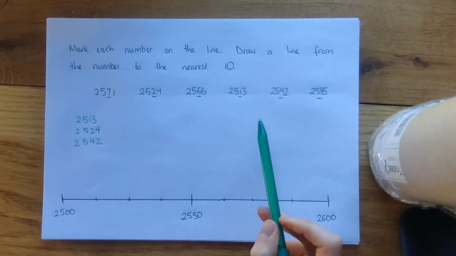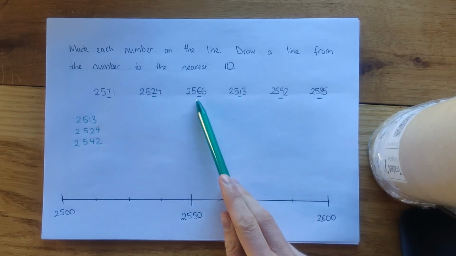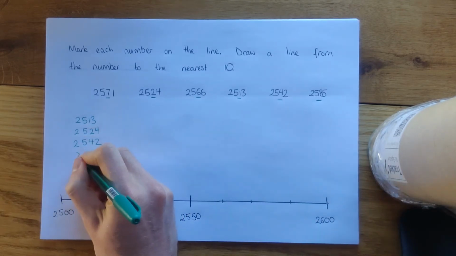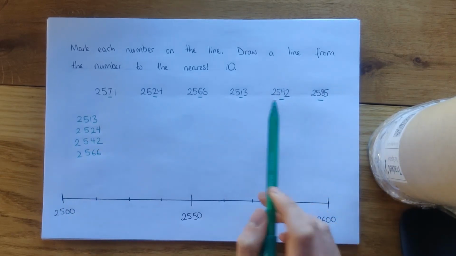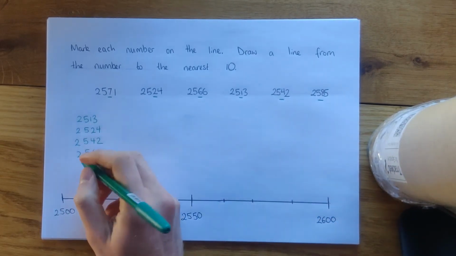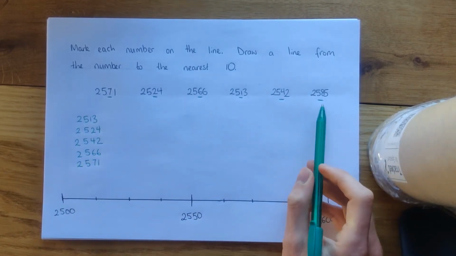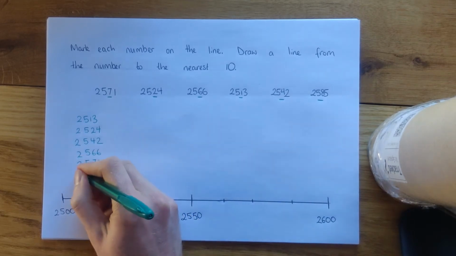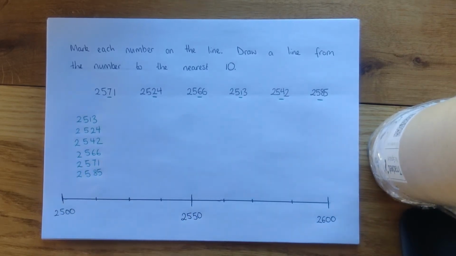Then we're going to have 6 in the tens column, 2,566. And then 7 in the tens column for 70, 2,571. And finally 8 in the tens column over here for 80, 2,585. Right, now we've worked out which is the smallest, which is the largest.